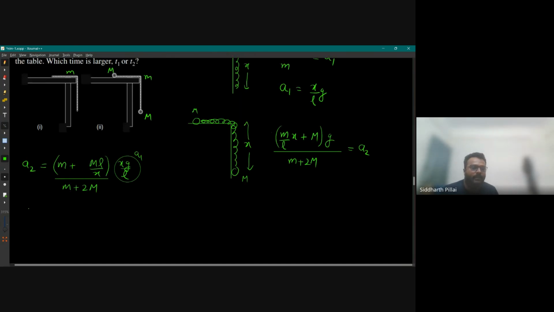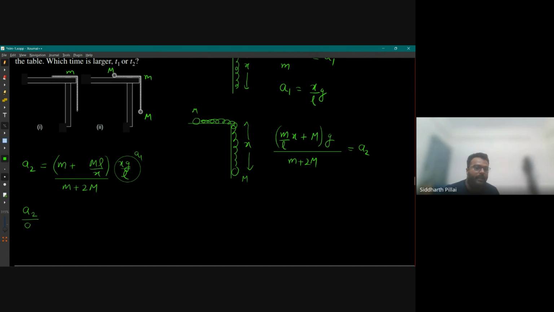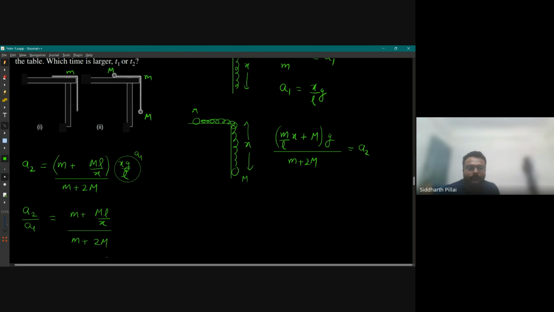Let's write it as a ratio: A2 by A1 is equal to M plus ML by x divided by M plus 2M. Now, how can we compare these two? We just need to look at L by x and 2, right?